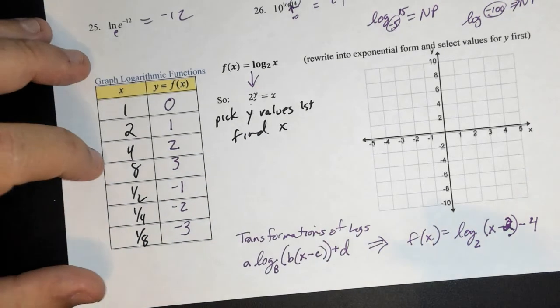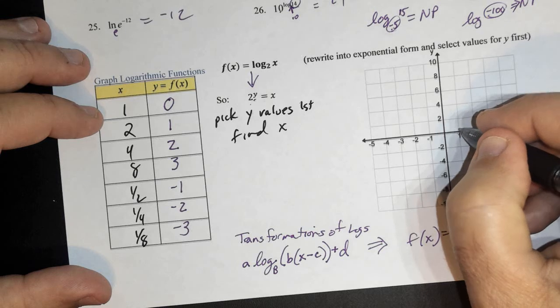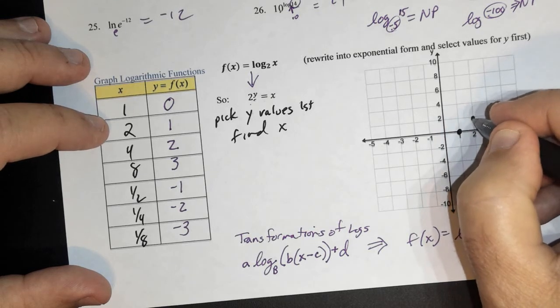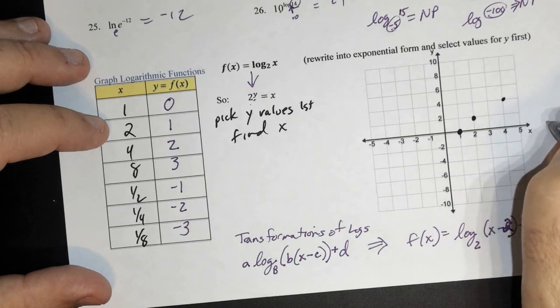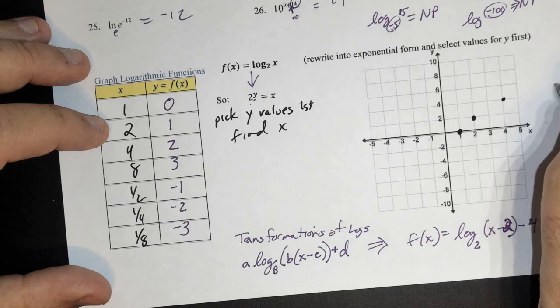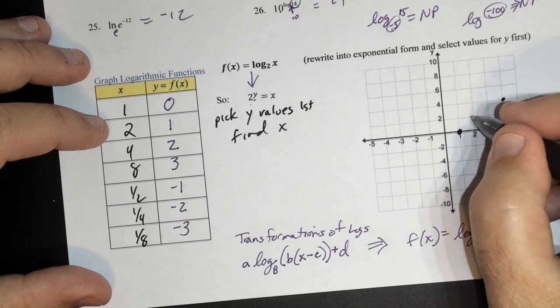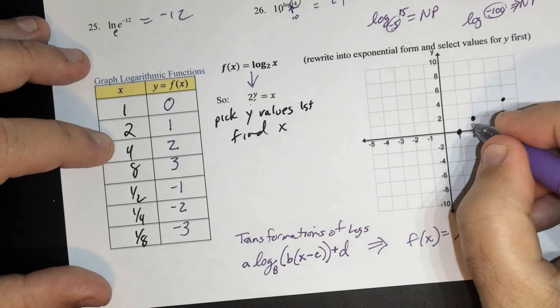So we have the following points. 1, 0, 2, 1, 4, 2, 8, 3 would be way out here. Whoops. Shoot a monkey. This would be 2, 1.